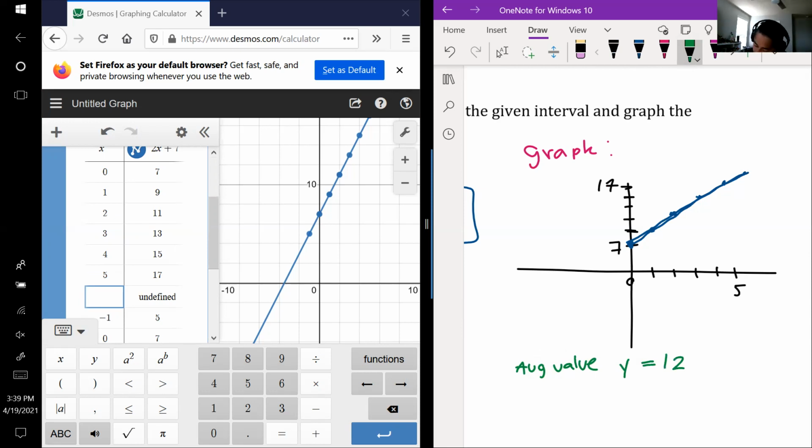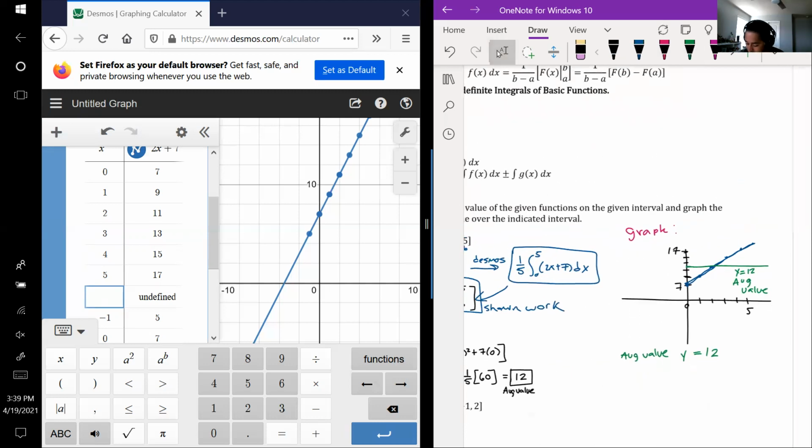So 12, that's 7, 9, 11, 13. So 12 is going to be right here. So this line represents the average value at 12. And there we go. That's what we're doing today.